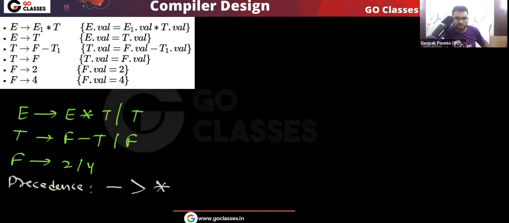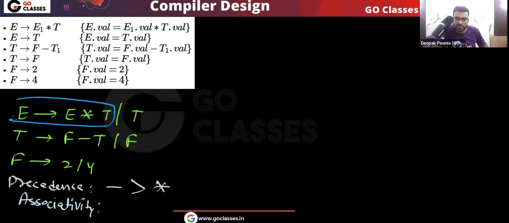Let's talk about associativity also. Look at this production: E goes to E star T. Here we have left recursion, so star is left associative.